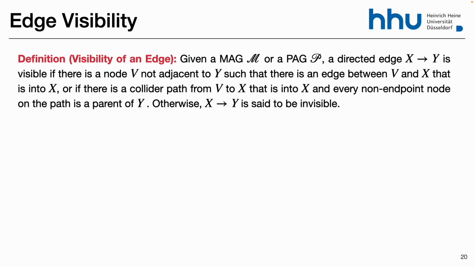We saw examples like this, and we are going to see the same examples again. The fact that I have an edge between X and Y, with a tail on X and an arrowhead on Y, doesn't mean that it's not confounded.